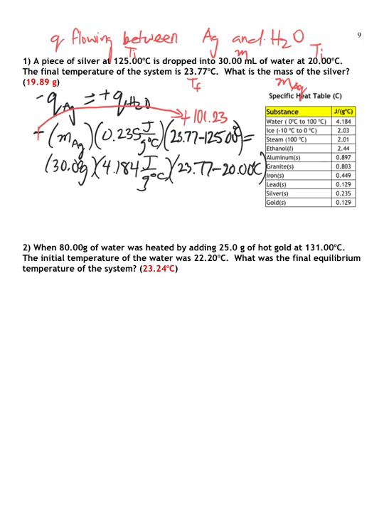Now you have one variable to solve as you're equating these two heat that is exchanged between objects. And then you solve for the mass of silver. And the mass of silver ends up being 19.89 grams. Let's go to the next problem.